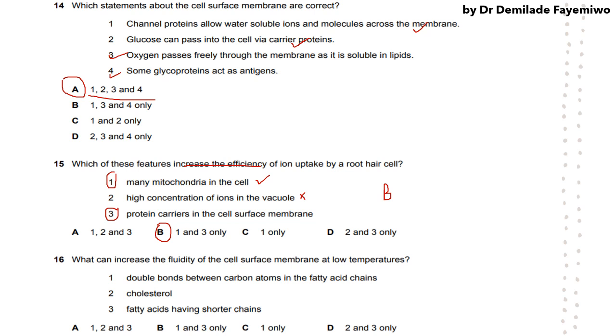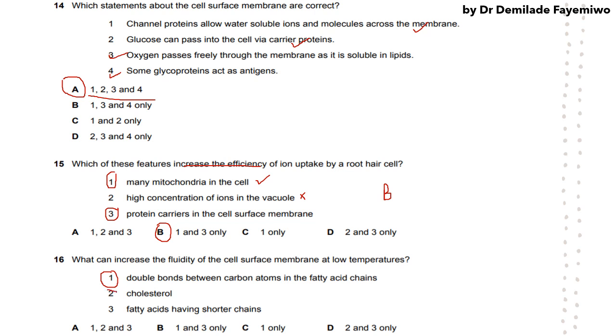Remember that the cell surface membrane is made up of phospholipids, and at low temperatures, lipids would typically try to solidify. And if they solidify, that affects the transport mechanisms across the membrane. So you need them to not solidify. You need things that are going to make them less closely packed. If you think of it that way, double bonds in a fatty acid chain certainly make things less closely packed because double bonds introduce kinks into the fatty acid chains that make them space out a little bit.